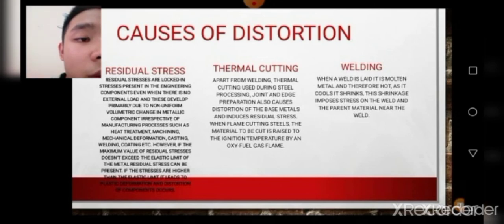With thermal cutting, the material to be cut is heated to the ignition temperature by an oxy-fuel gas flame. As with welding, where a weld is laid in isolated metal and is therefore hot, as it cools it induces stress in the weld and the heated material near the weld.